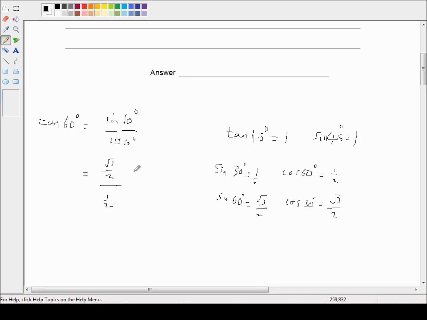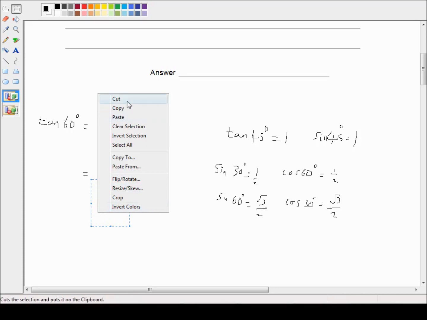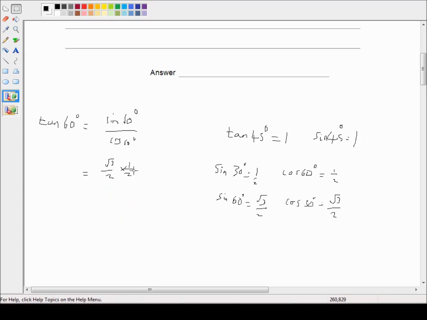To divide by a fraction, we invert and multiply, so that's root 3 over 2 times 1/2.